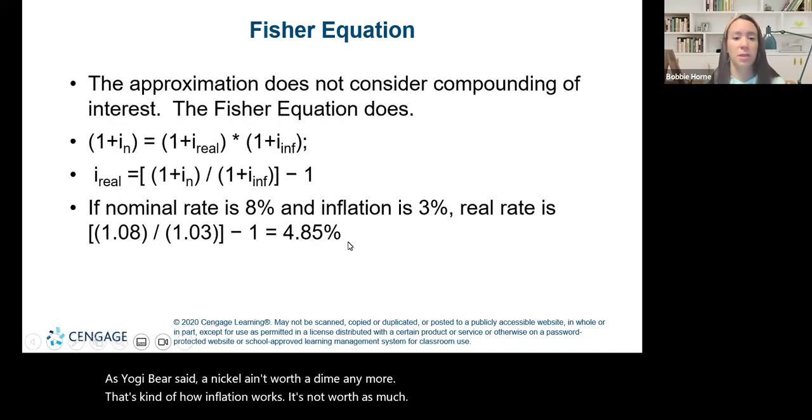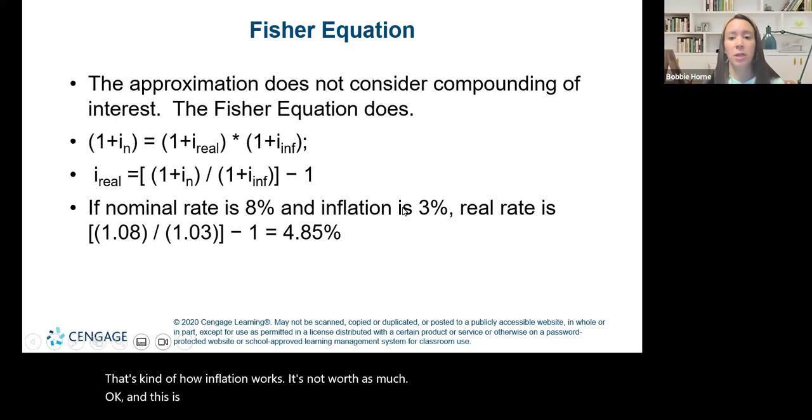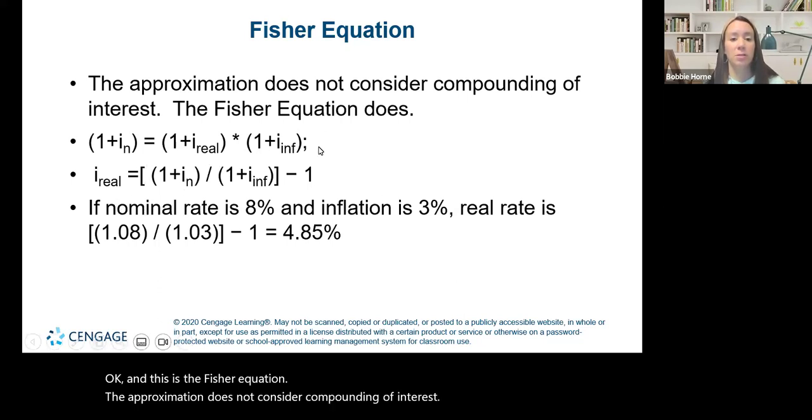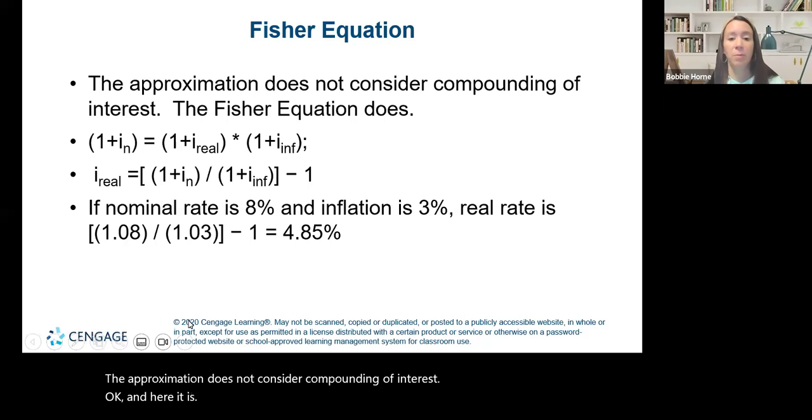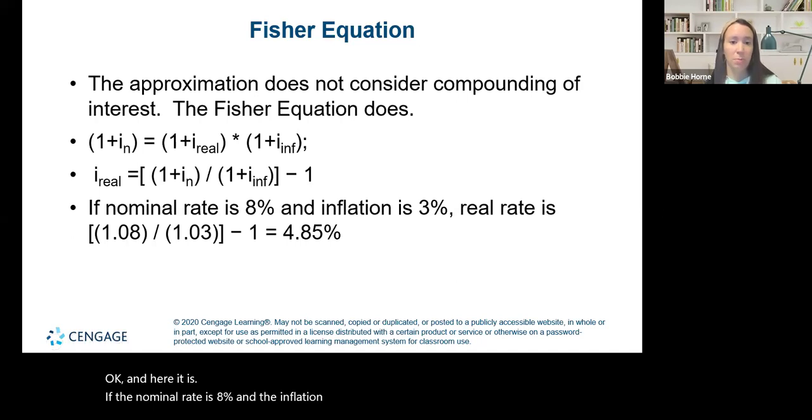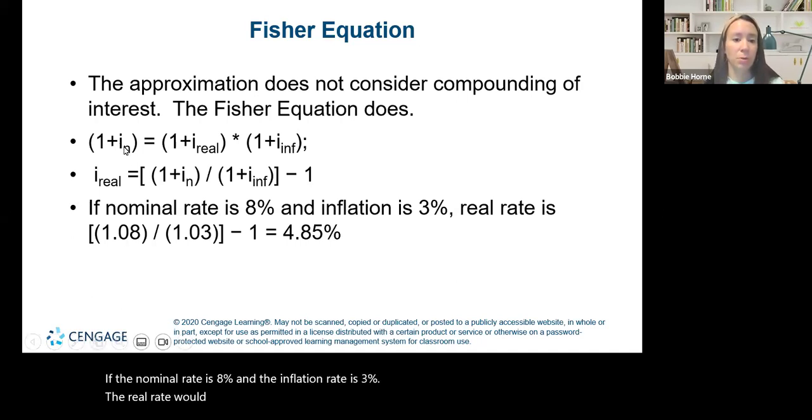Okay, and this is the Fisher equation. The approximation does not consider compounding of interest. Okay, and here it is. If the nominal rate is 8% and the inflation rate is 3%, the real rate would be 1 plus 0.08 divided by 1 plus 0.03 minus 1.